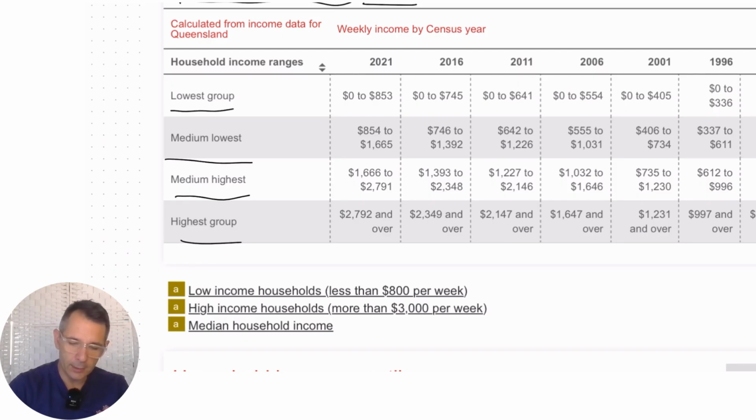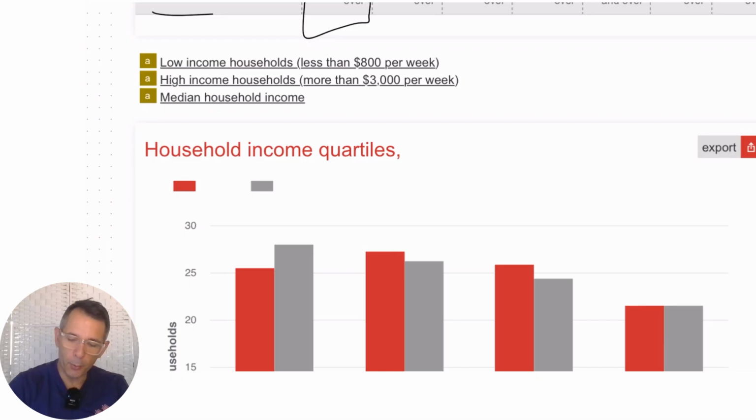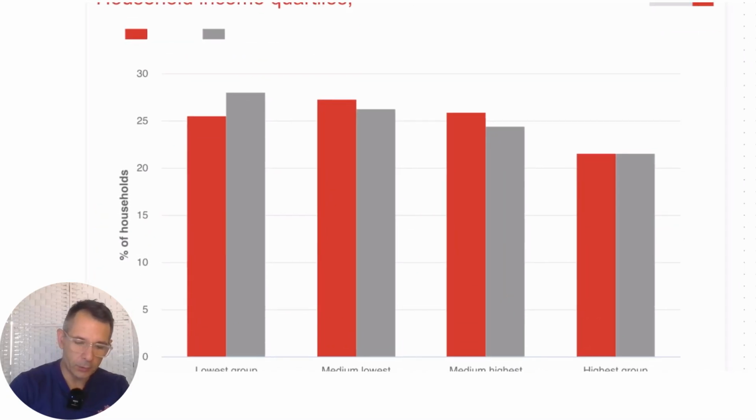And you can see these quartiles are broken up into 0 to 850, 850 to 1665, 1666 to 2791 and 2792 and over. So you can see the distribution of people that earn this sort of money. So we're at 25% here, we're at about 27% there, 26% there, and 22% of household incomes.